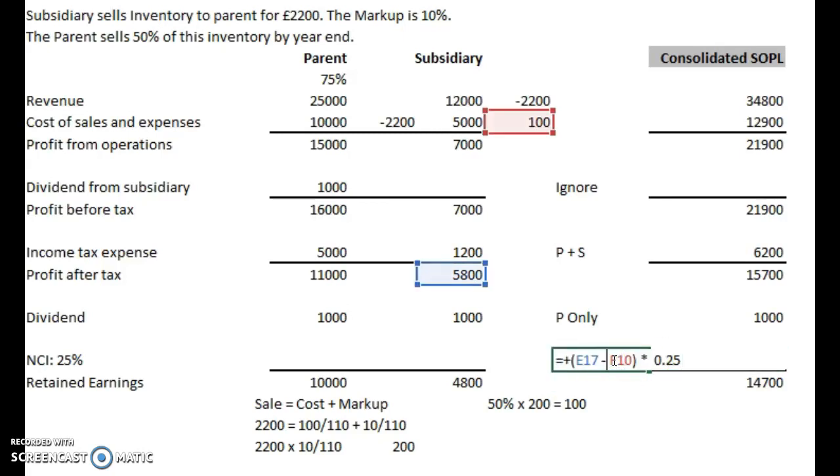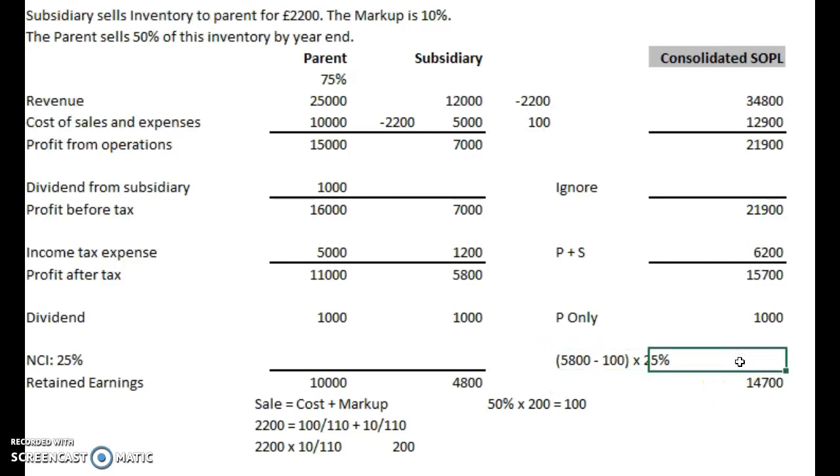In fact, let me just write that out in text. So it's 5,800 minus 100 times the 25%.